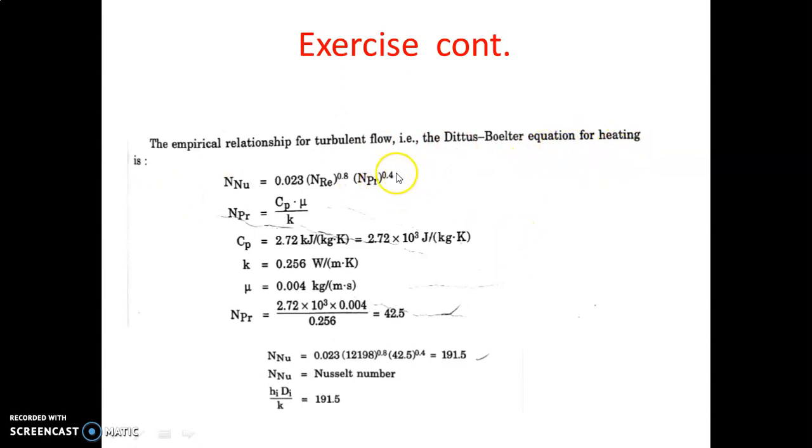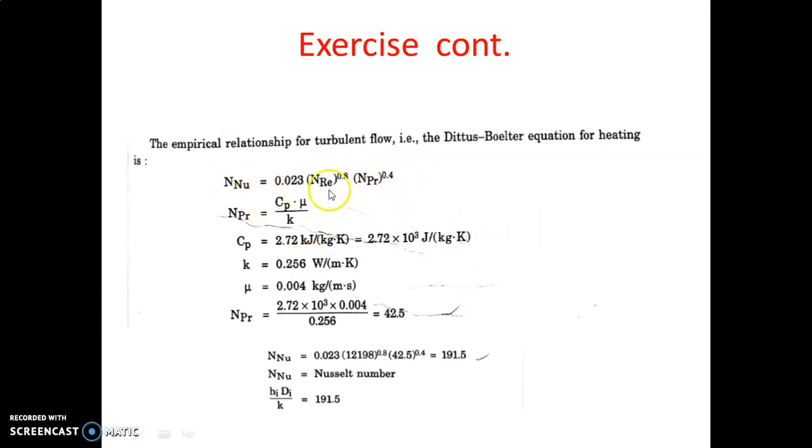Sometimes there may be 0.3 here, which is used for cooling. So always check whether the fluid is heating or cooling. According to that, this parameter changes. Here it is given as heating, so 0.4. If the equation is used for cooling, you just change it to 0.3 and the remaining equation is the same.